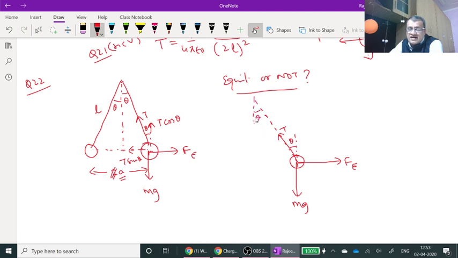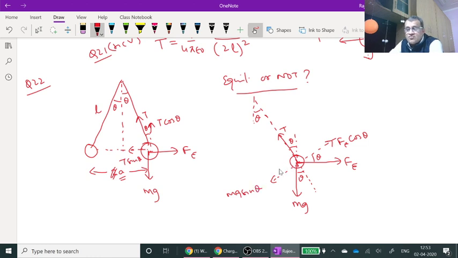Instead of horizontal and vertical, draw it along and perpendicular to the string. If that was theta, then this is also theta, so this is 90 minus theta, and so this is also theta. I'll quickly write whatever is obvious: Fe cos theta this side, and this is mg sin theta.